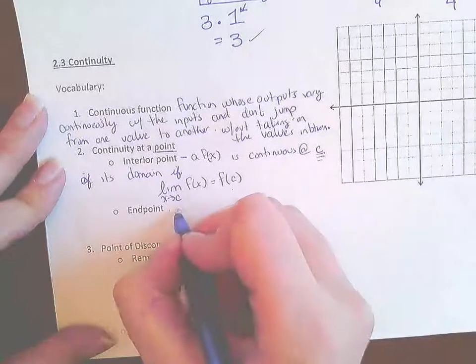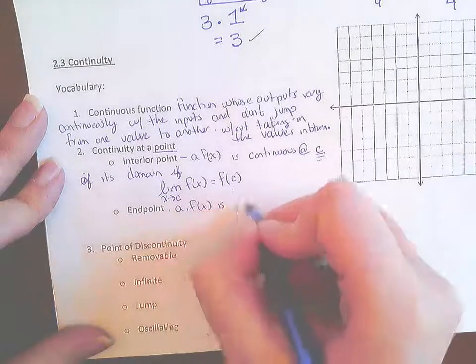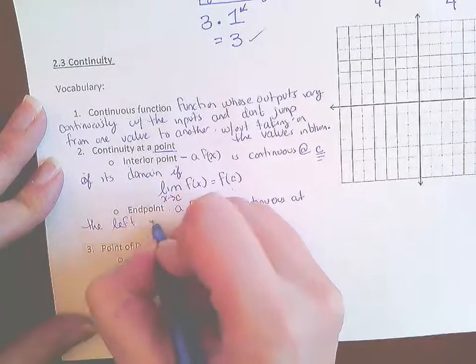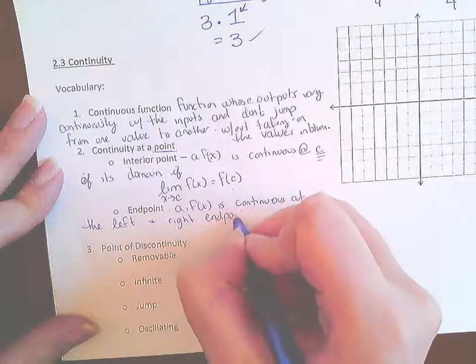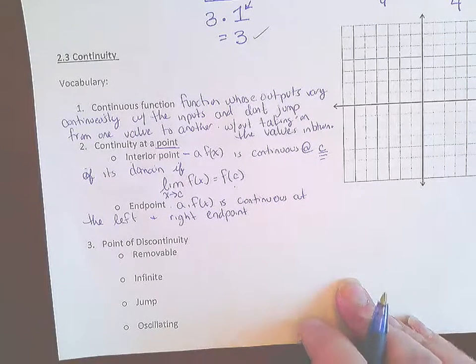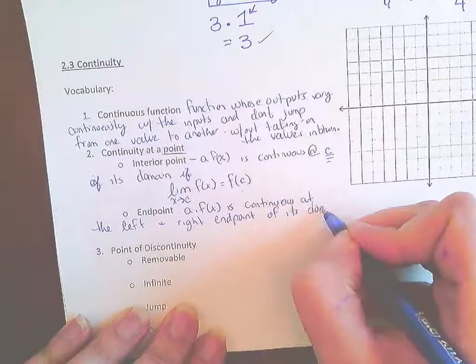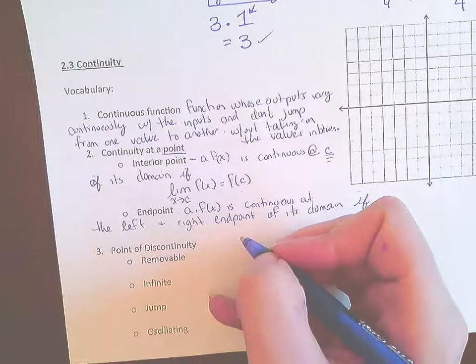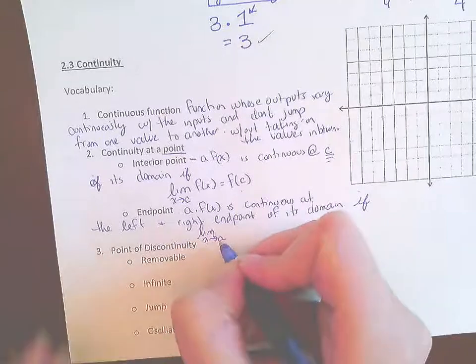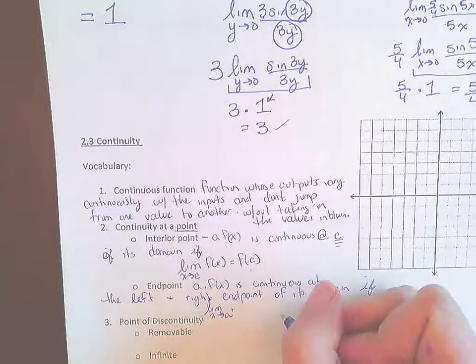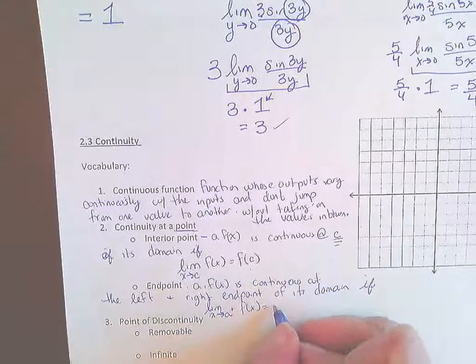Now the endpoint. A function f of x is continuous at the left and right endpoint of its domain if, for the left, the limit as x approaches a from the right of f of x is f of a.